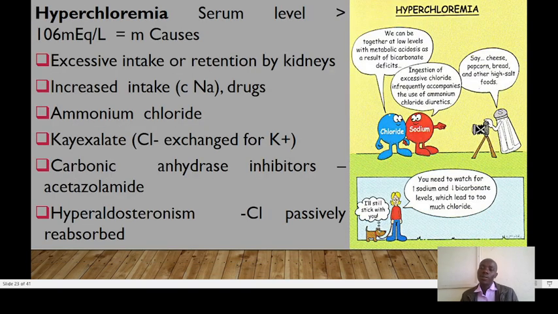So from those low levels, we can look at now the high levels. The excess levels of chloride will lead to hyperchloremia. It is caused by excessive intake or retention by the kidneys.